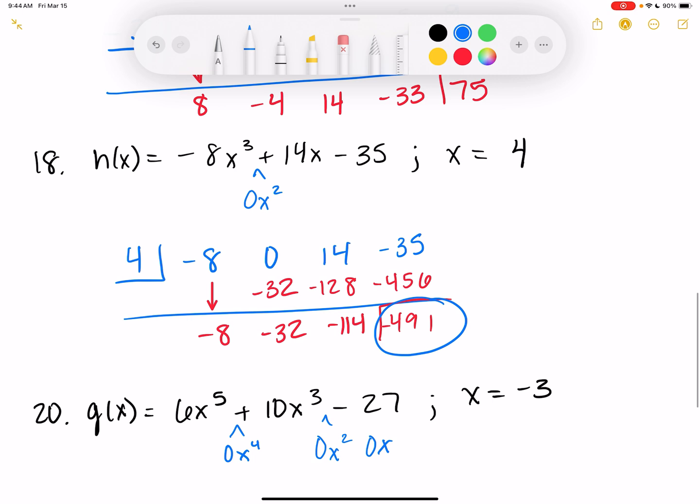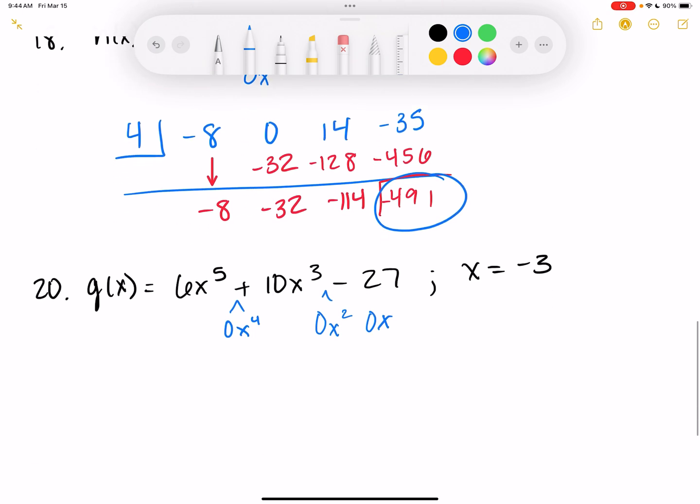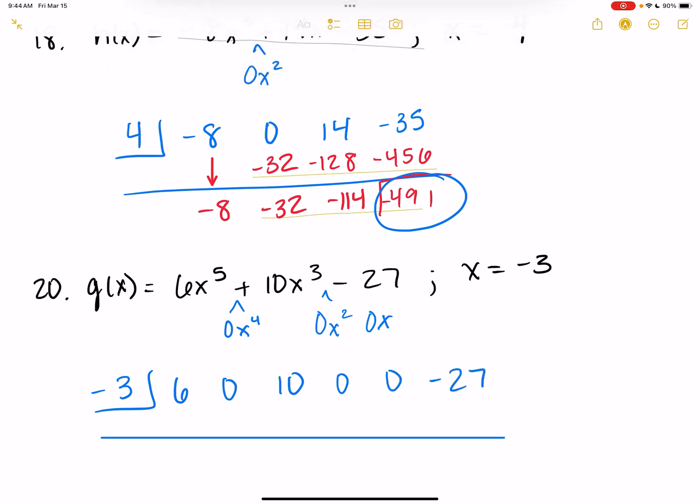So, negative 3 is going in the box. Then in order, 6, 0, 10, 0, 0, and negative 27. Bring down the 6.